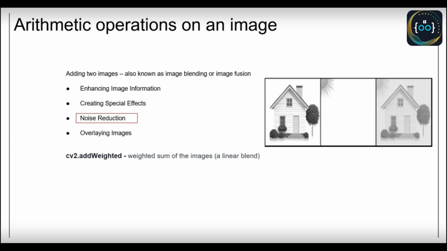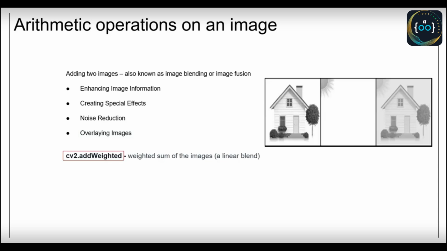In medical imaging or geographical information systems, or GIS, images from different sources like an MRI and a CT scan, or a satellite image and a topographic map, might be added together to overlay information.